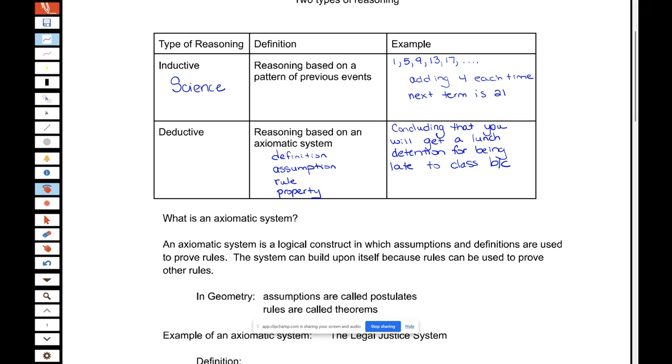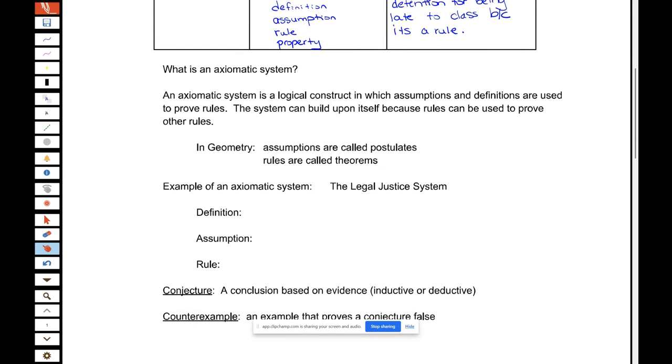The rule says if you're late to class, you're going to get a lunch detention. So you conclude, oh, I'm late to class, I'm going to get a lunch detention. That's just an example. If you're basing your conclusion on a definition, an assumption in society, a rule that's been stated somewhere, or some kind of property, then definitely that is deductive reasoning. In geometry specifically, assumptions are called postulates and rules are called theorems.